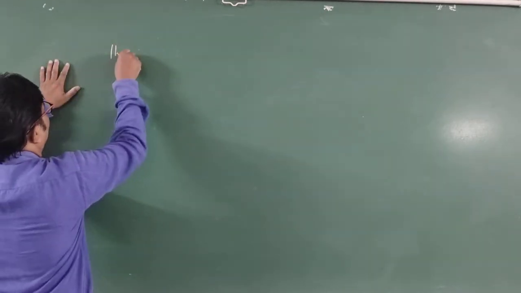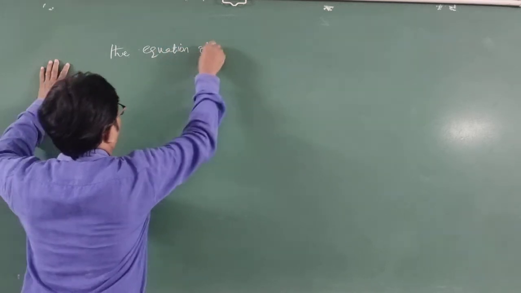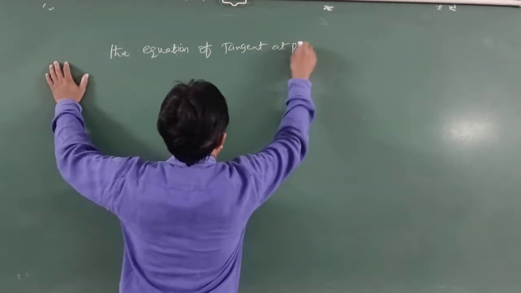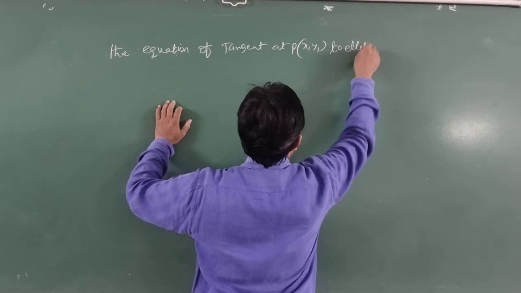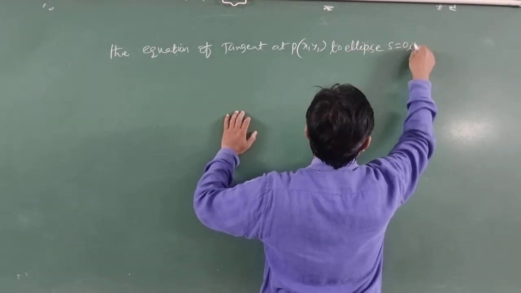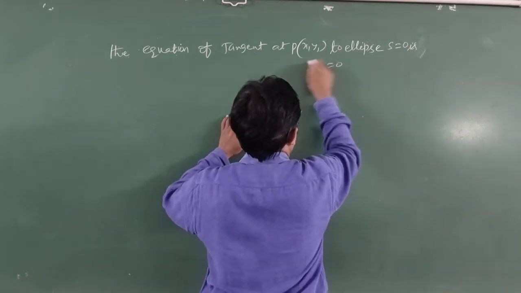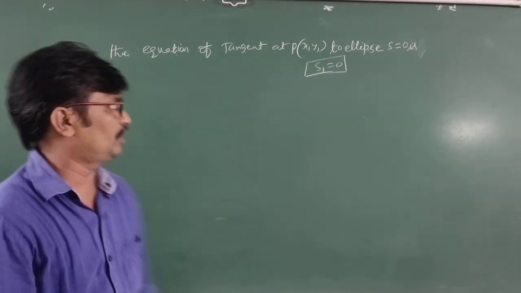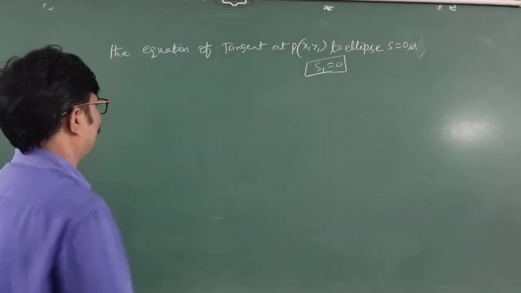The equation of the tangent at P(x1, y1) to the ellipse S equal to 0 is S1 equal to 0. Is it clear? The equation of the tangent at P(x1, y1) to the ellipse S equal to 0 is S1 equal to 0.